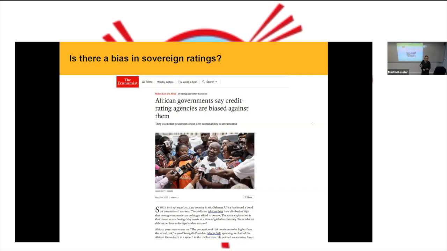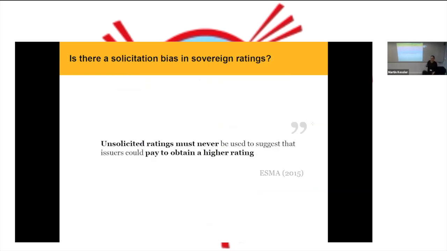So who pays for the rating? It's the issuers themselves. And a second aspect is solicitation: whether or not a country decides to pay for its rating and therefore gets a solicited rating, or the rating agency decides on its own to rate the sovereign and therefore issues an unsolicited rating.